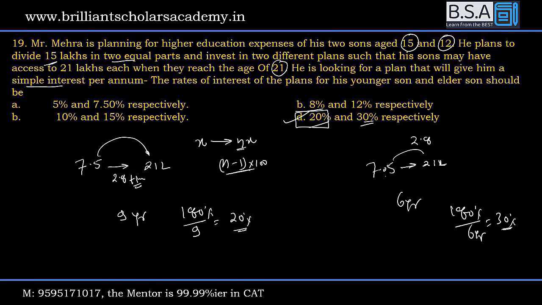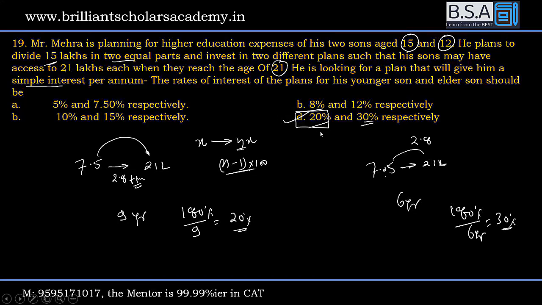We don't have to worry about the other child. The best thing about this problem was simple interest. That makes calculations easier. Multiplication of n would mean n minus 1 into 100 growth.